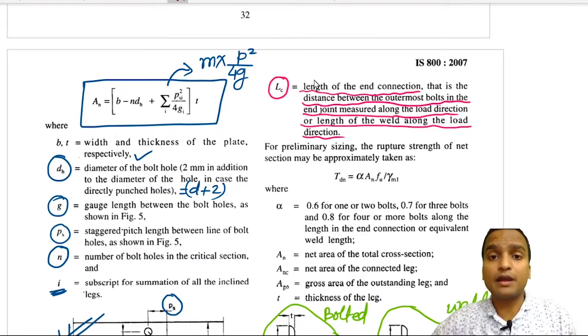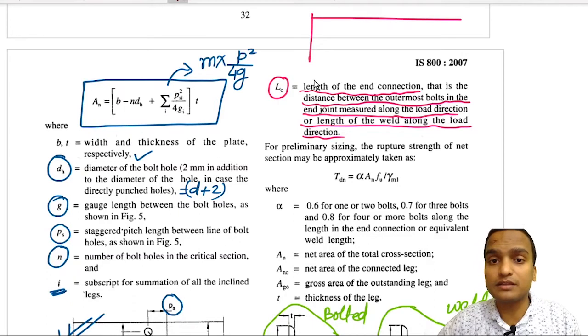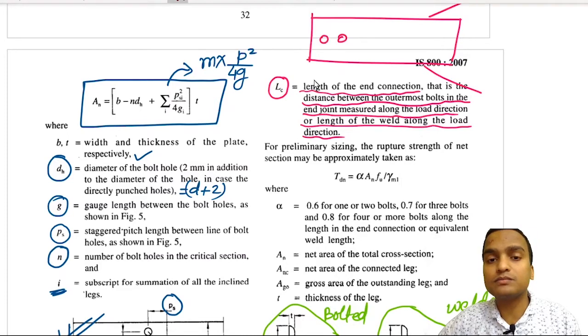If I have made the joint like this, connected with a plate like this, and there are almost five bolts, I have to take the distance between the two outermost bolts, and this will be represented as the length of end connection.